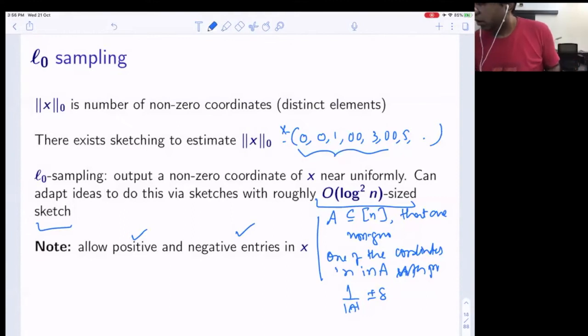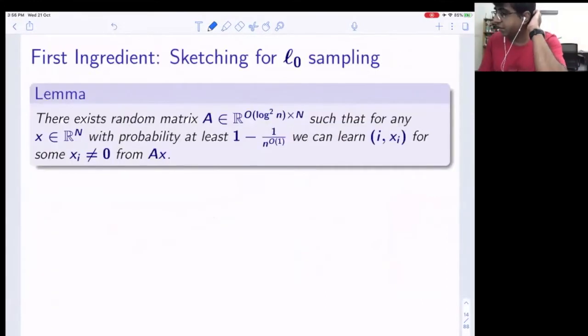So the first ingredient we need today is sketching for L0 sampling. We'll prove this a little bit later, but what we need is the following lemma. Let us understand what this lemma tells us.